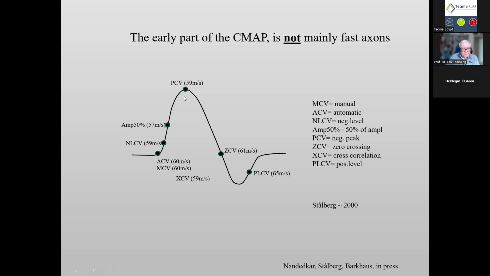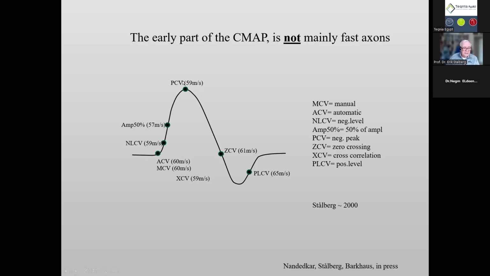If we measure to the peak or other part, you see 59, 57, 59 meters, 61 meters. It really doesn't matter where we measure. Earlier, and maybe you also think that the early part of the CMAP is the fast axons and later part is slower axons, but it doesn't seem to be so.